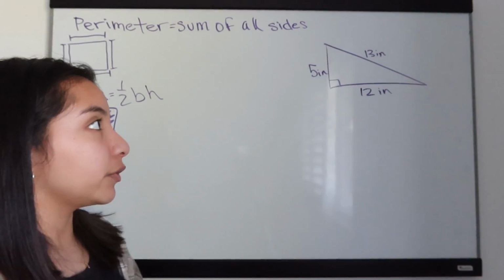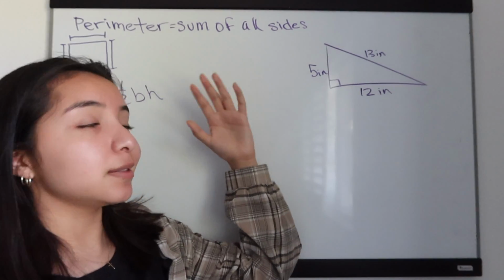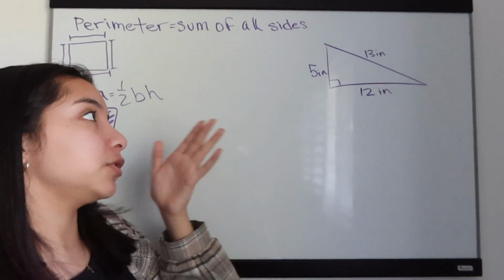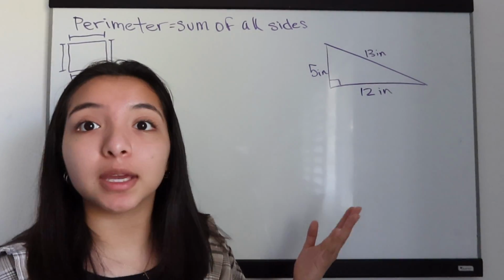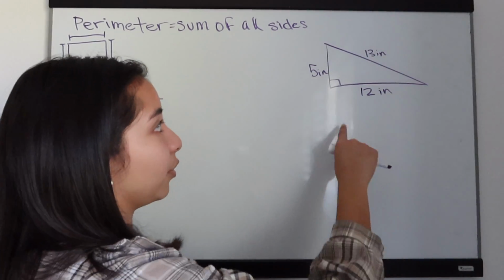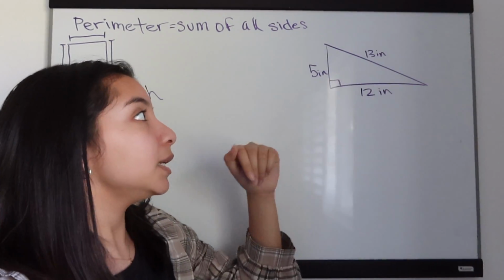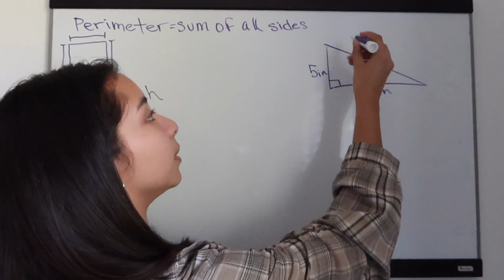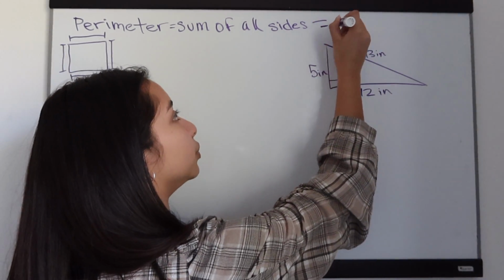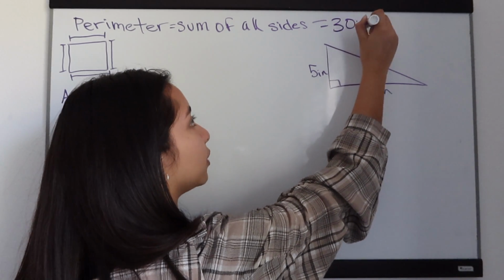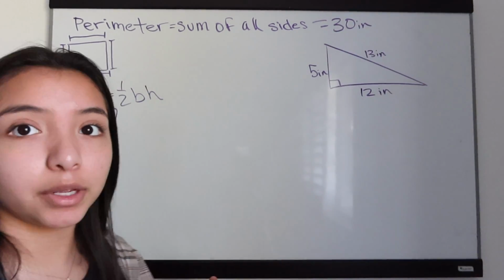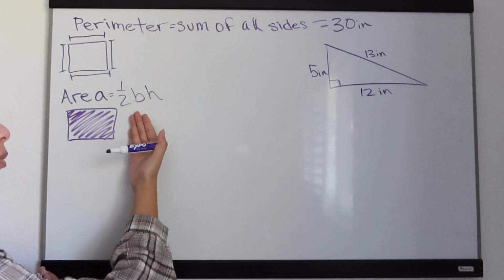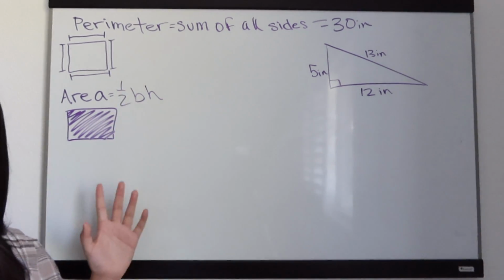Next problem. Alright, so our next problem is this right here. Now to find the perimeter, we do the same thing. We add all sides. So 5 plus 13 is 18, plus 12 is 30. So the perimeter is equal to 30 inches. Now to find the area, we're going to use the same formula, 1/2 times base times height.